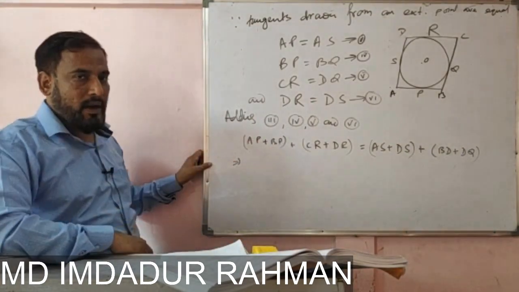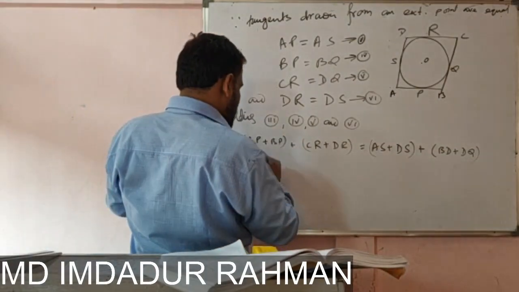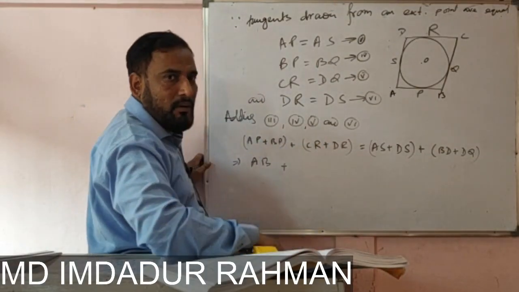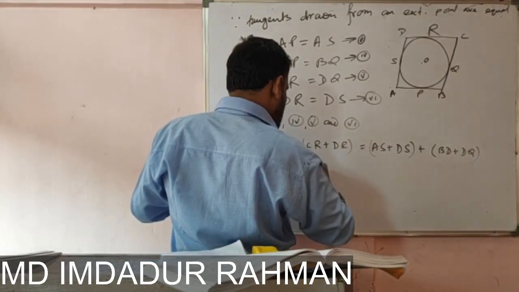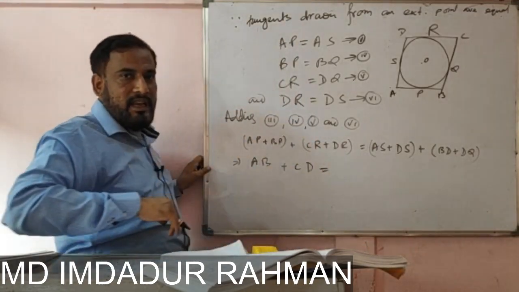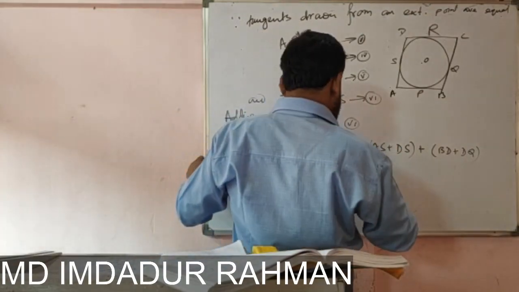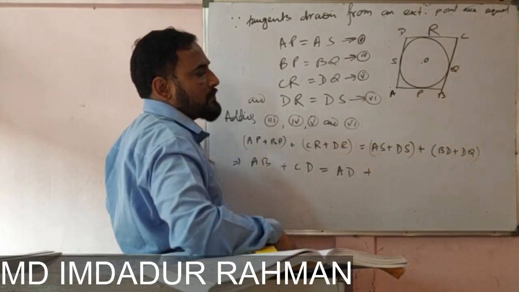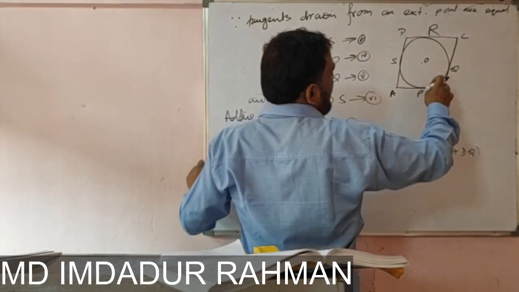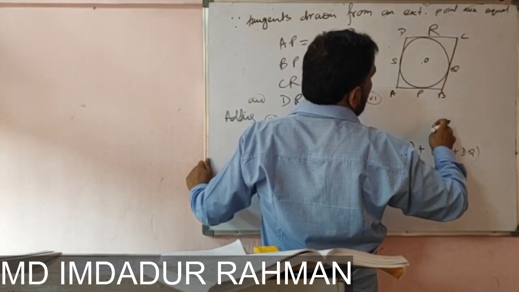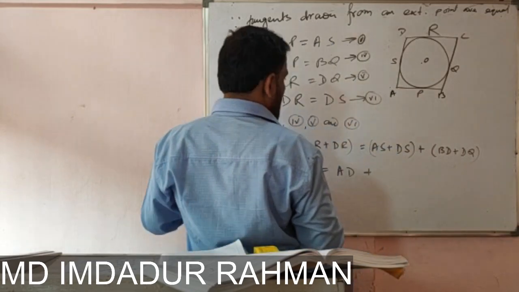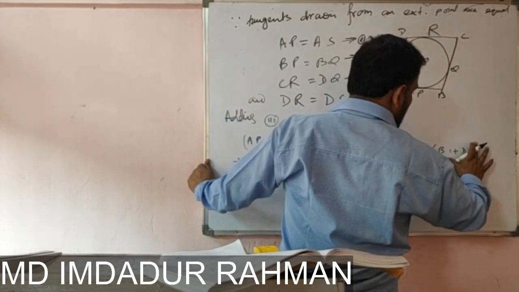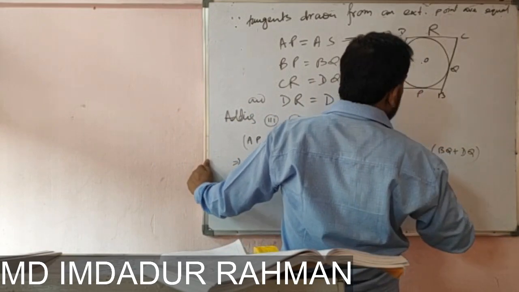AP plus BP is AB, plus CR plus DR is CD, AS plus DS is AD, and BQ plus CQ is BC.